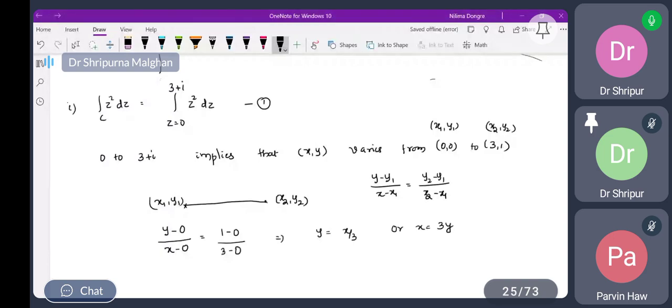So we can easily evaluate that integral. So understood all of you? Write down the formula. This is the equation of the line passing through x1 y1 and x2 y2.